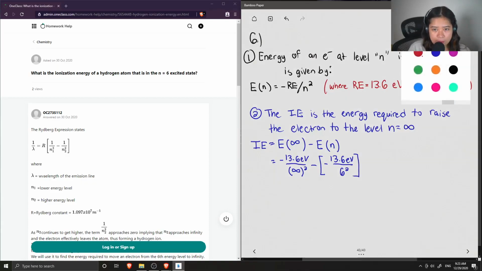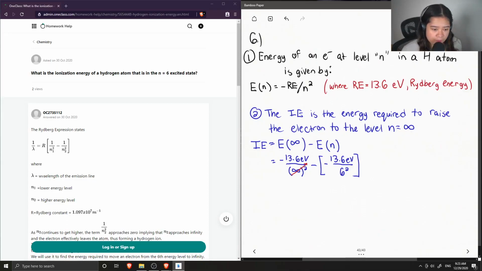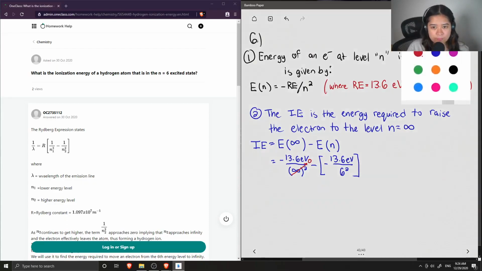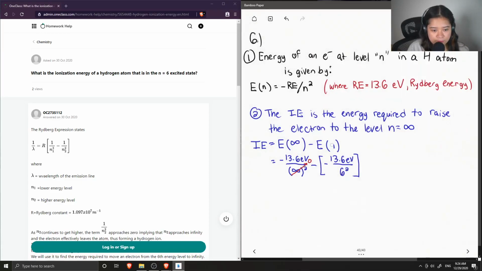And notice when you have a number being divided by an infinity, since it's a very large number and you're dividing by it, then the value just goes to 0. So I'll just change this to level 6.